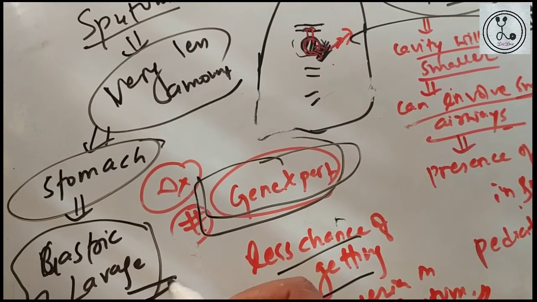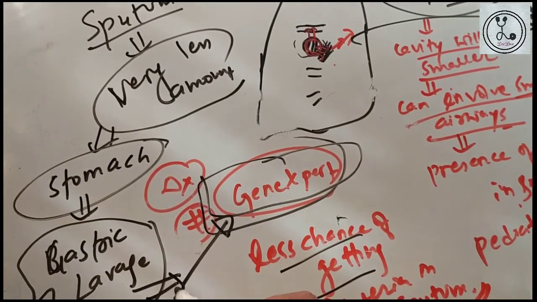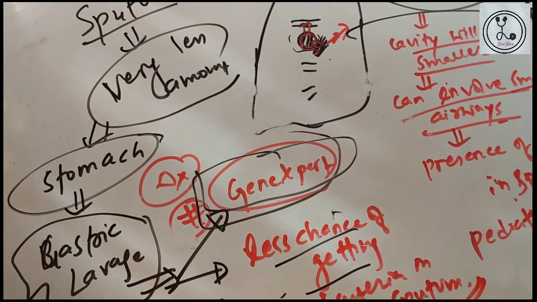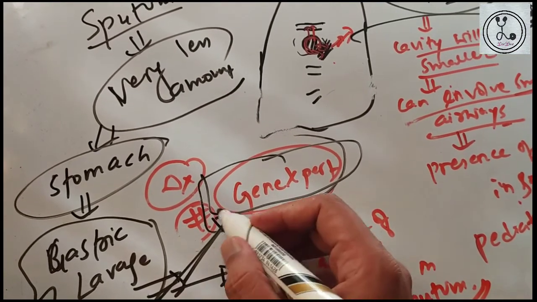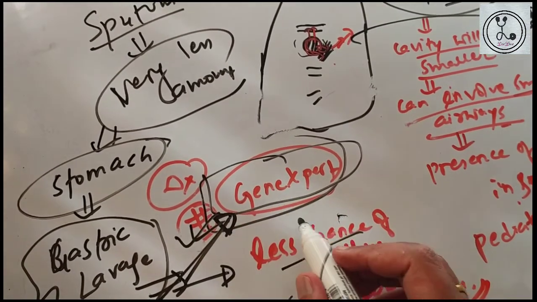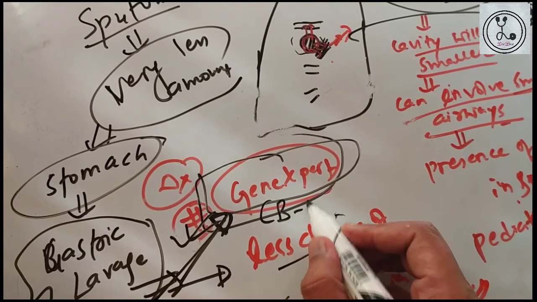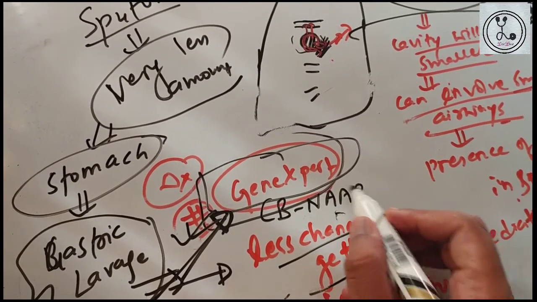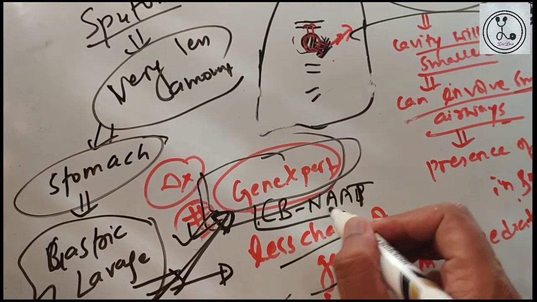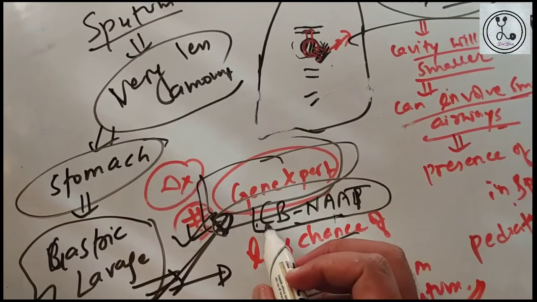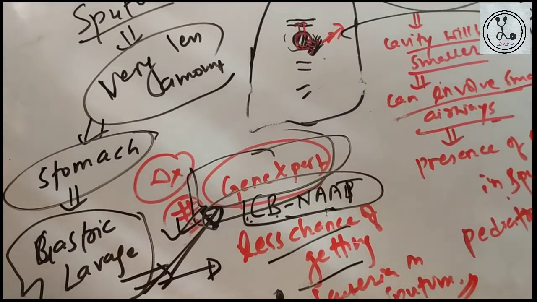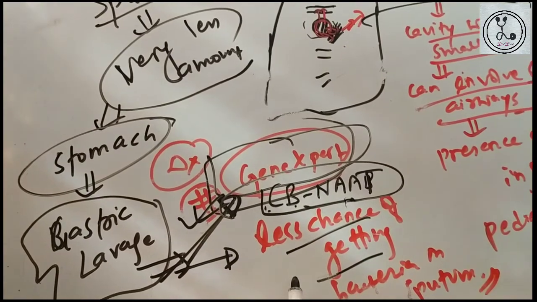Now this fluid is sent for the gene expert test, or can be sent for AFB staining. But especially this fluid is sent for the gene expert test. This gene expert test is also known as CBNAAT. CBNAAT means it is a cartridge based nucleic acid amplification test, so CB means cartridge based, a test basically for tuberculosis.